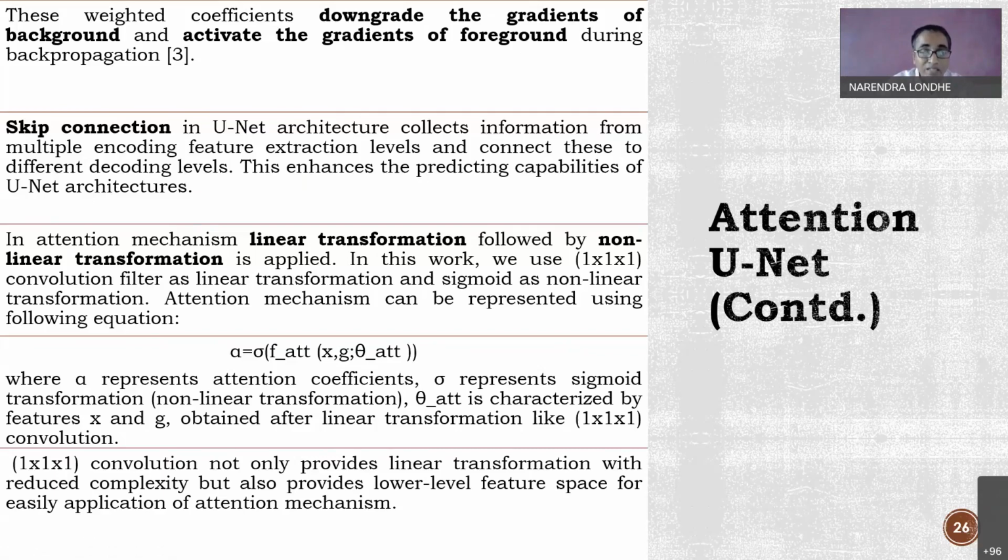Then in attention mechanism, linear transformation is there followed by the non-linear transformation. This makes the U-Net architecture focus on the target, on attention. Okay, it increases the attention. So in this work we have used a 1x1 convolution filter for the linear transformation, and sigmoid as the non-linear transformation, and this is the function that we have used.